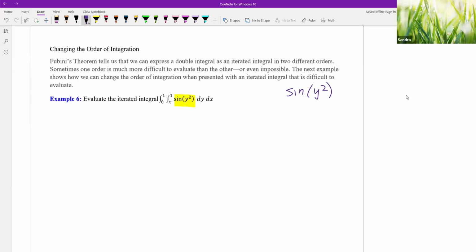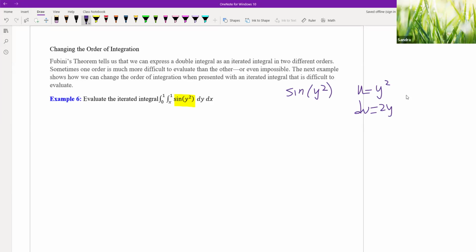What can we use? Can we use u substitution and do u equals y squared, but then du will be 2y? That's not going to help. What can we use then so we can evaluate the integral right here? So in this particular case, this one will not be possible for us, okay? So we cannot really do it directly.